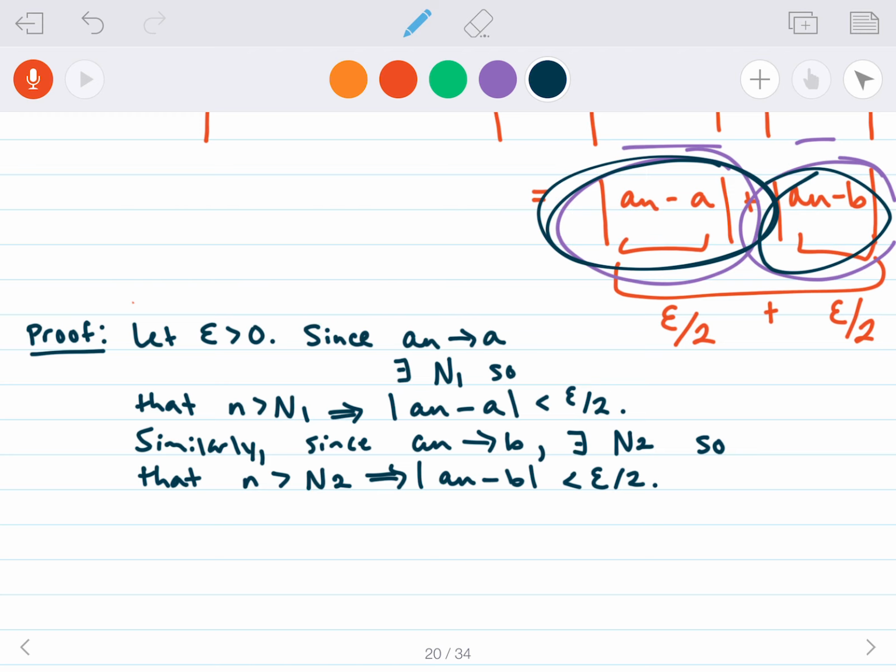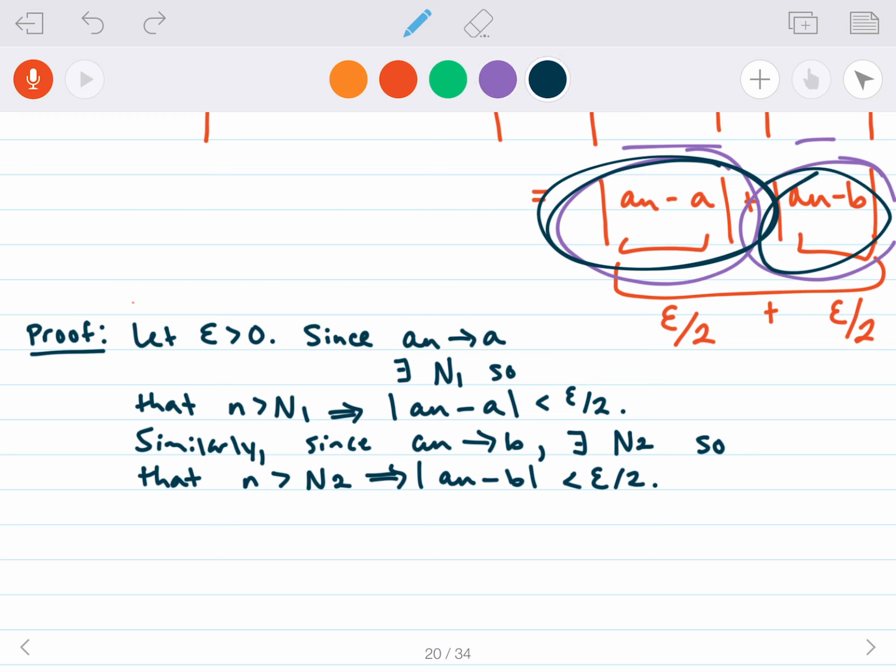So now what we're going to do is we want both of these things to be true simultaneously. And the way to do that is to choose a capital N for the whole thing that is the max of capital N1 and capital N2, because if I'm picking something that is bigger than or equal to both of these, then the implication will follow naturally from that.